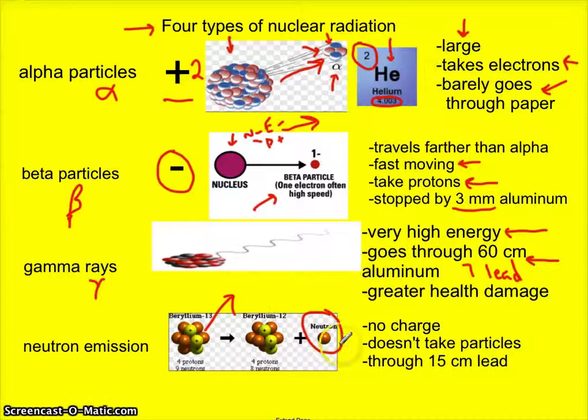Now, neutrons, of course, have no charge. So it's not going to be positive, not going to be negative, and that means they're not going to slow down when they react with stuff like alpha and beta do. So they can travel up to 15 centimeters of lead. Now, I forgot to put centimeters here, but it was 7 centimeters of lead here. So neutron emission is around double what gamma rays are.